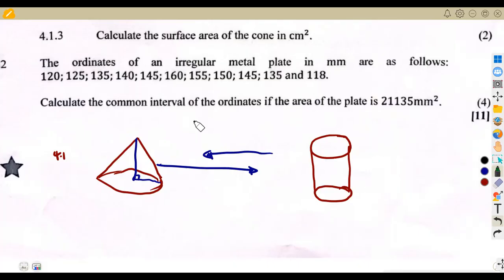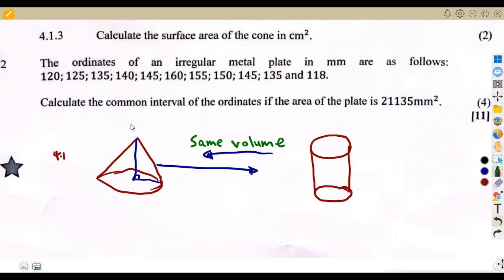So whenever you are dealing with solids, you melt one solid, you create another solid, they are going to have the same volume. All right. So if they have the same volume, it means their volumes are equal.